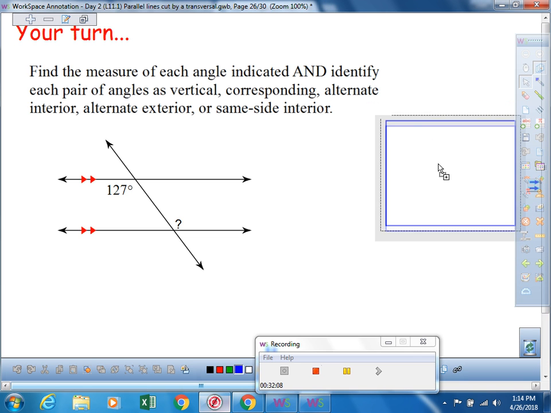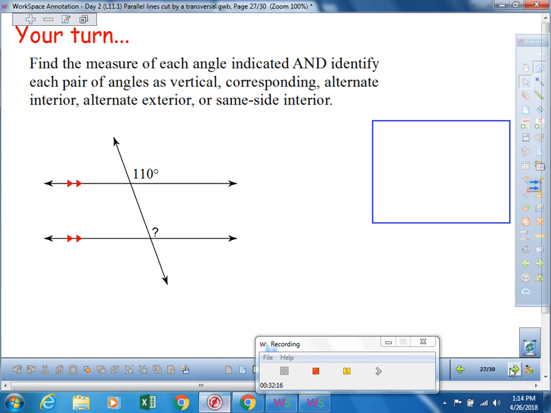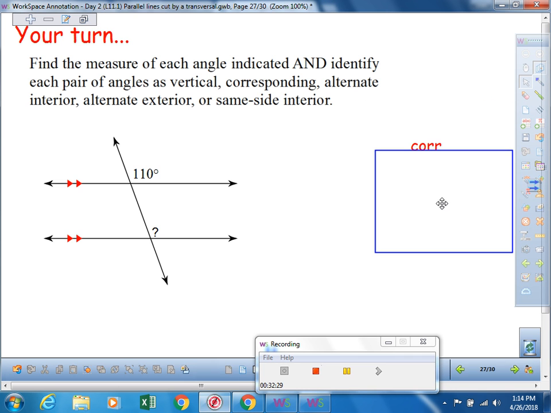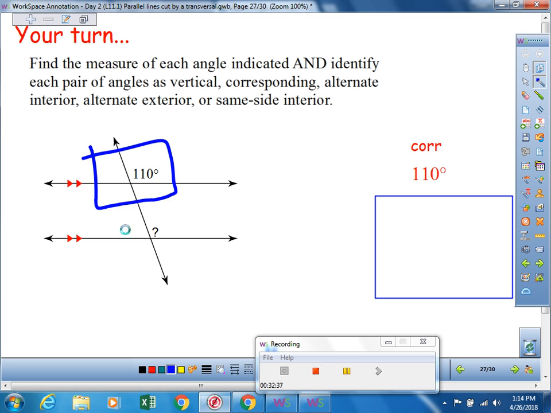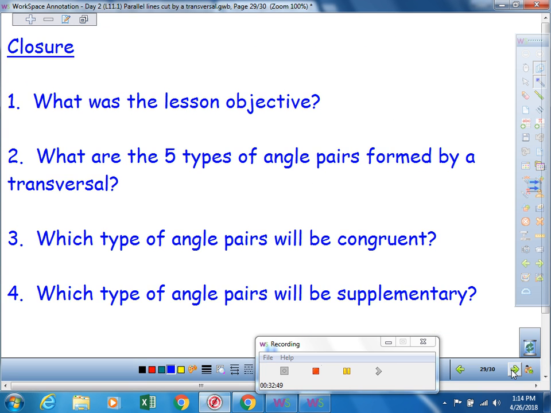And what's the angle measure? 127. Okay, alternate interior. And this one. Who's up? Sarah. Corresponding, what's the angle measure? 110. Good. Okay, if you look at these, 1, 2, 3, 4, 1, 2, 3, 4, they're both in the second position. Okay? That's it.